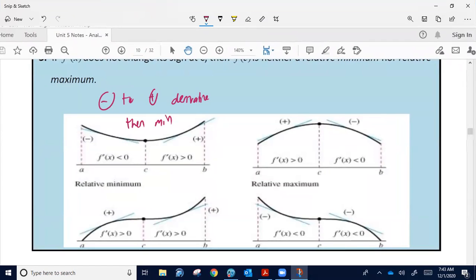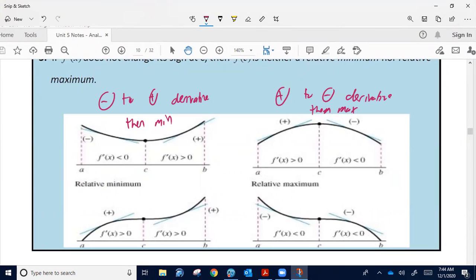If you go from a positive to a negative, then that's a maximum. If you go from a positive to a positive, that's nothing. Negative to a negative, that's nothing.